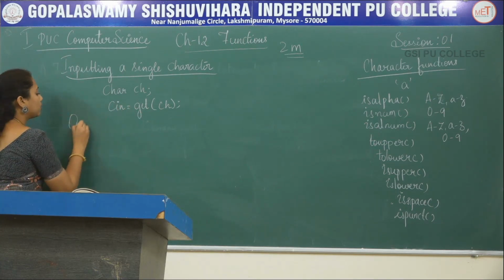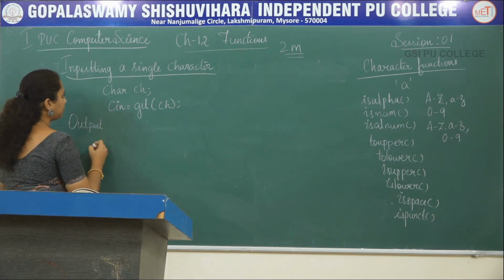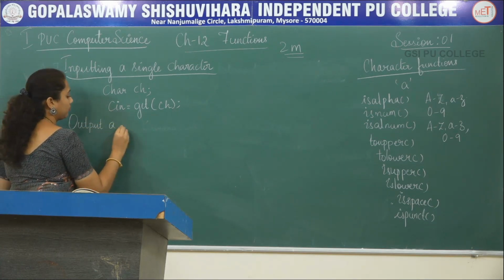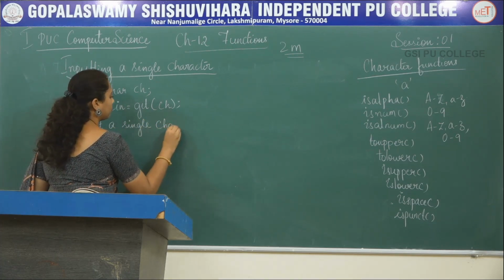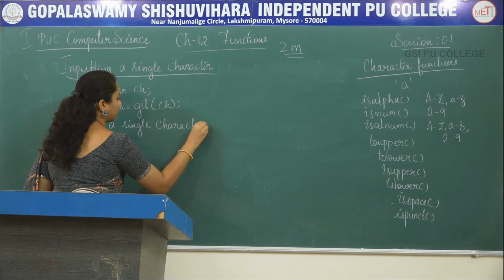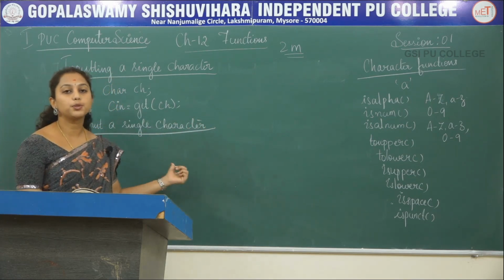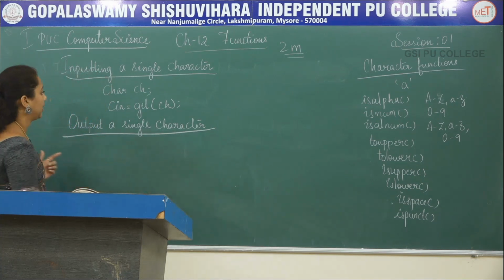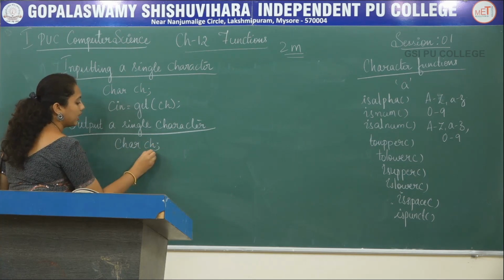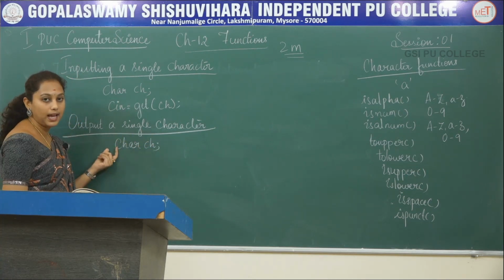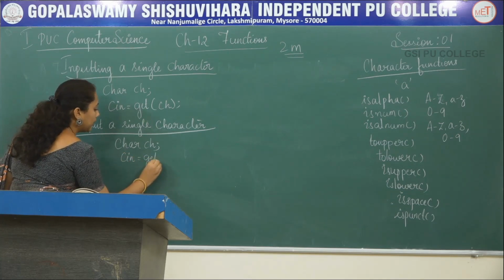Next, how to output a single character. Using the put function we can output a single character. char ch. So ch is a variable of type character. cin >> ch.